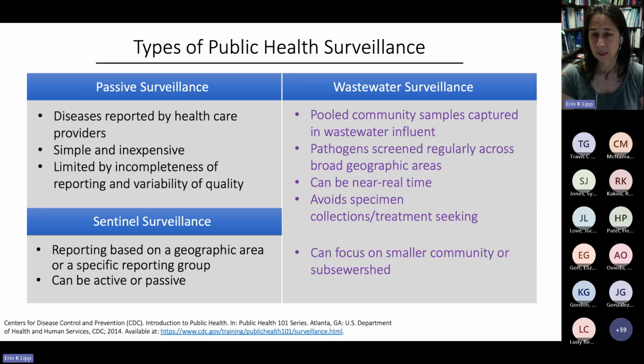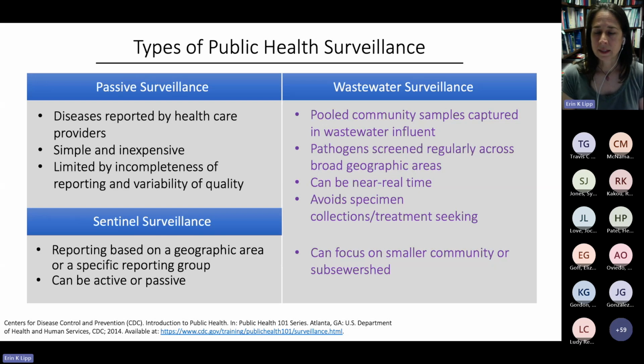When these systems are set up, you're getting samples on a very routine basis, and it's usually from many different communities that have wastewater systems. With the CDC National Wastewater Surveillance System, we've got a national view of what's happening in terms of specific agents. Again, it can be near real time. If you have the capacity, these samples can be processed almost immediately.